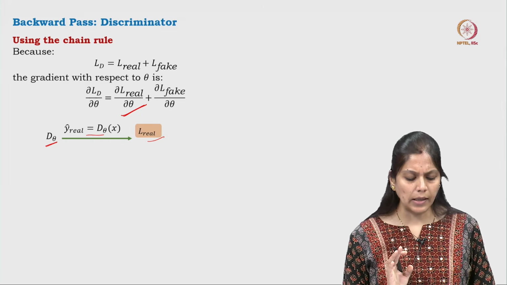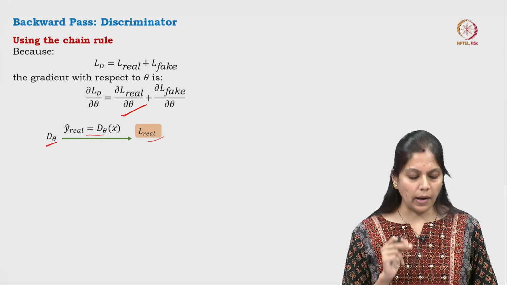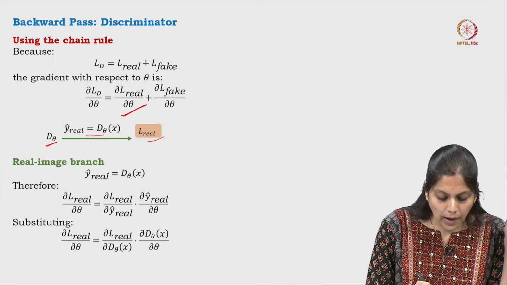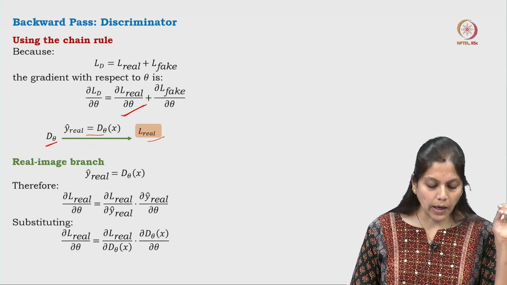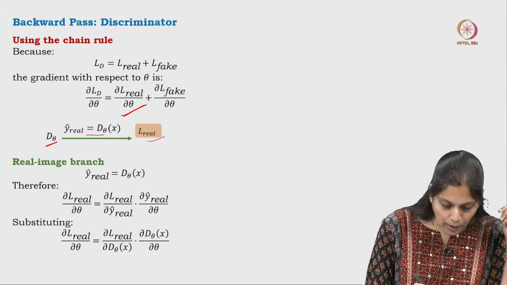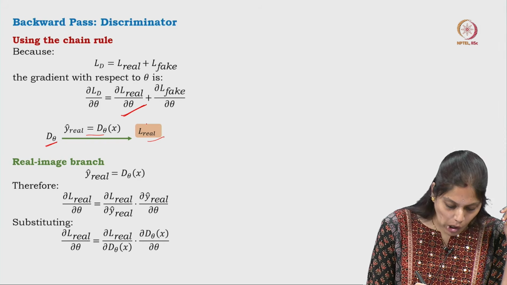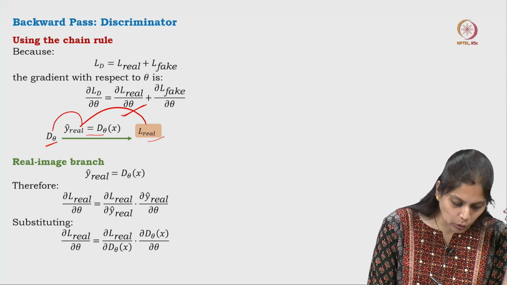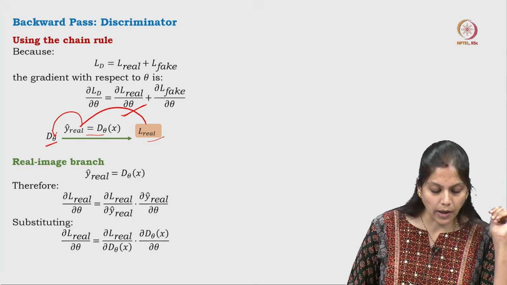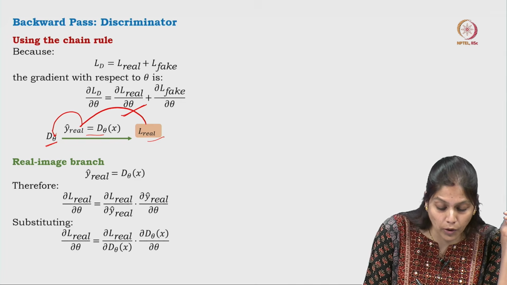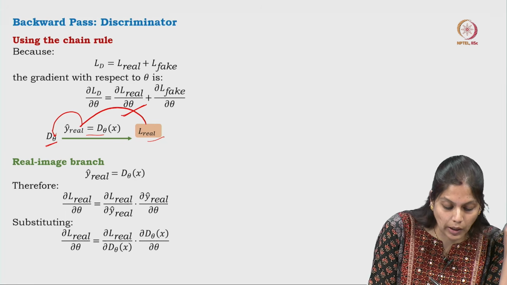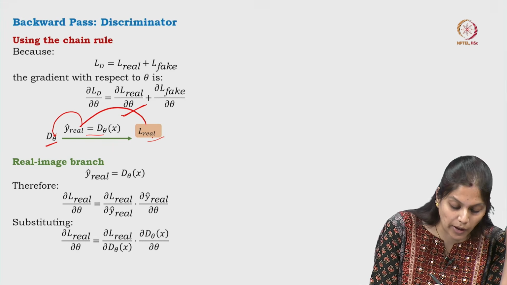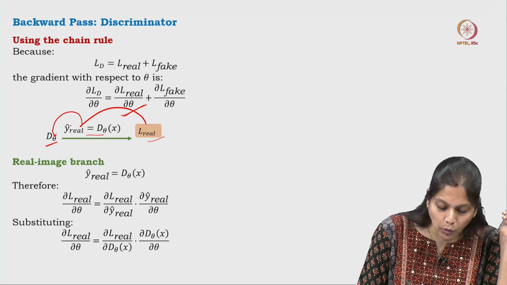If this is the case, using the chain rule, can I write it in this way? So, the derivative of L real with respect to theta, from the loss you will reach this, and from here you will reach the parameters theta. So, the derivative of loss with respect to theta is the derivative of loss with respect to its predicted value y hat, and y hat with respect to theta.